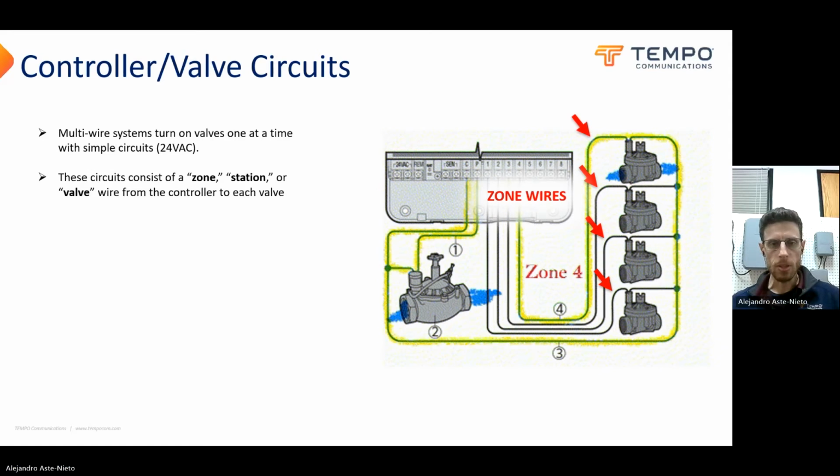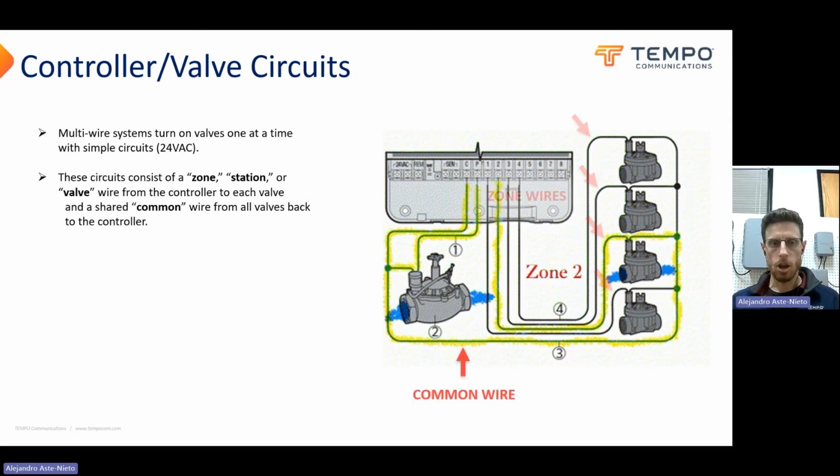So those circuits always consist of one zone station or valve wire coming from the controller to each and every valve out there. And then there's always a shared wire back from the valve to the controller that all the valves use as the return path.